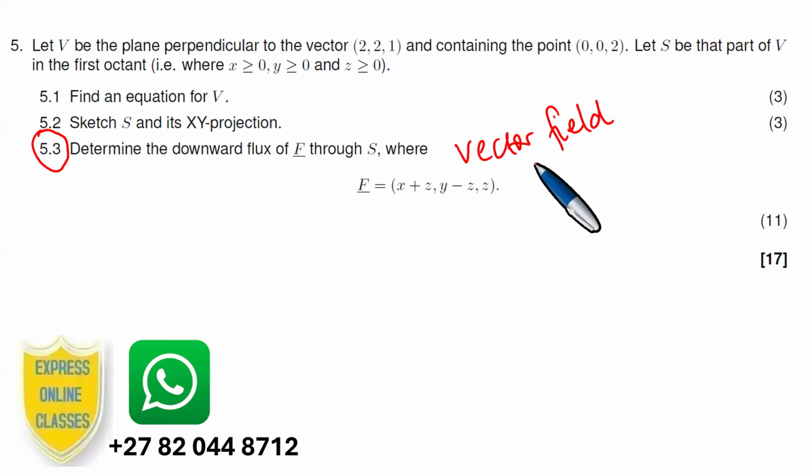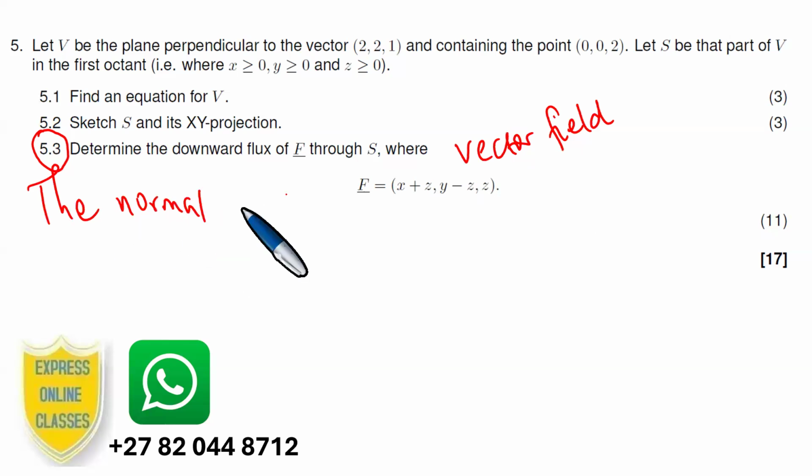Okay, we continue. Now, to find the downward flux, we need to first consider the normal. The normal to S, because S is what? Let S be part of the plane in the first octant.